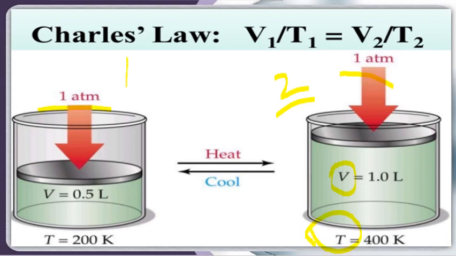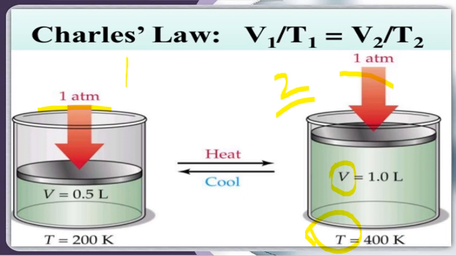You can see on both containers the pressure applied is the same, 1 atmosphere. It is supplied with a movable piston. In the first container, the volume occupied by the gas is 0.5 liters at 200 kelvins, right?